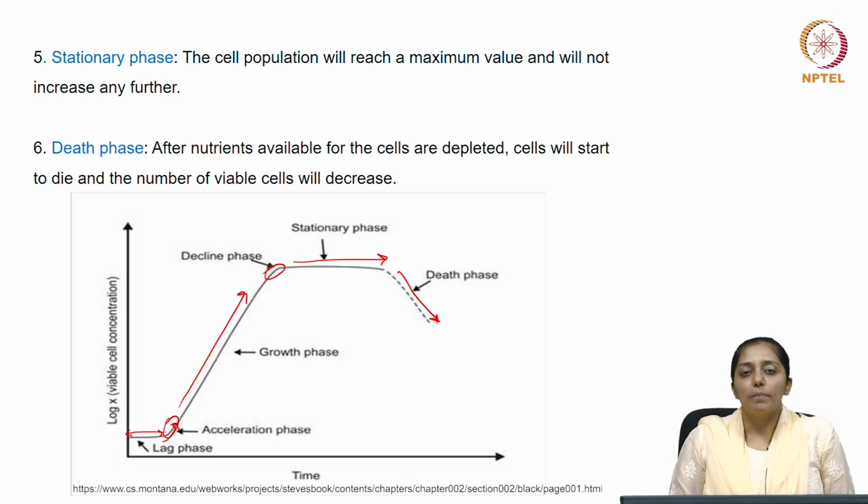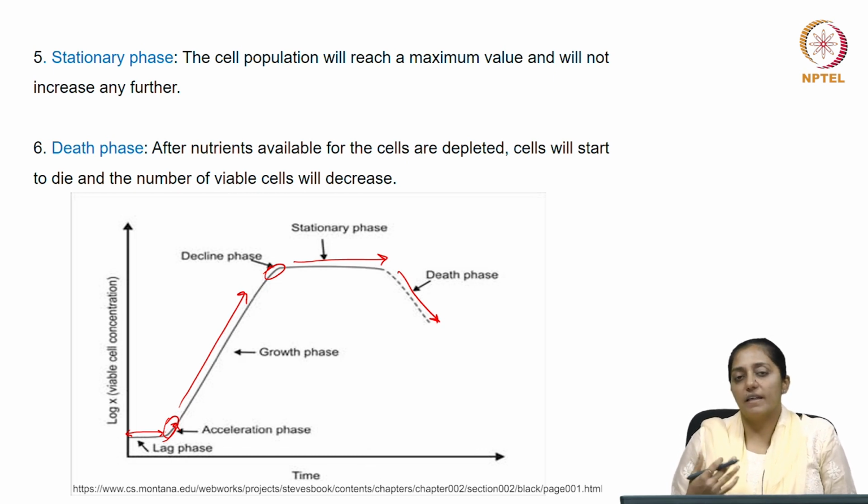Generally, when the plot is made between cell biomass concentration versus time, it is difficult to see the death phase, because the y-axis is based on the cell dry weight estimation, the cell mass concentration with time.